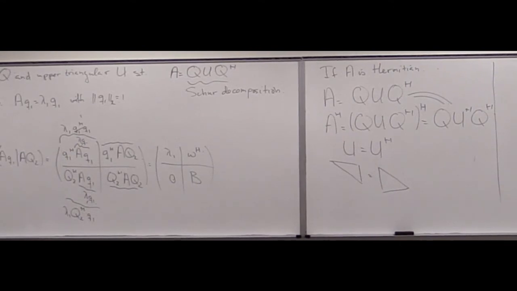For those of you who are going to be in machine learning and things like that, there's a method known as principal component analysis. In principal component analysis, people tend to say they compute the spectral decomposition of a matrix, but what you're actually computing is the singular value decomposition, because that matrix is invariably Hermitian. It's invariably symmetric.